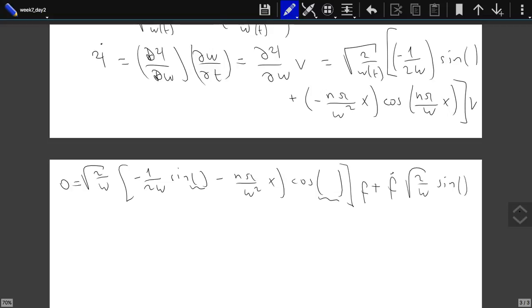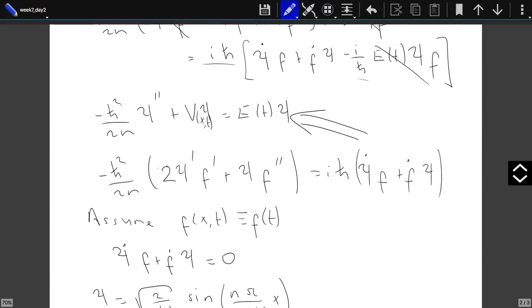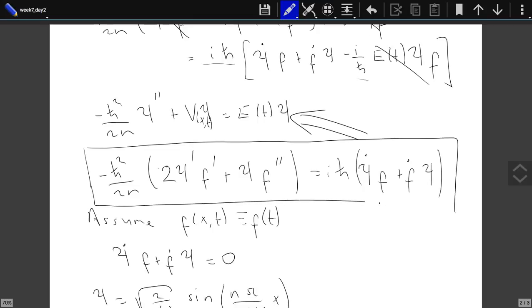Just about this assumption, how would you get that psi dot f plus f dot psi is 0? Well, let's see. Do you agree with this equation over here? Which one? This one. Yeah, okay. So this is the equation that we need to solve. We know what psi is. Now he said let's assume that f is independent of x.